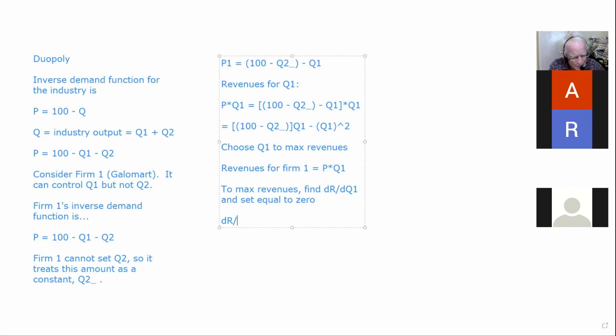So let's see what our derivative of firm 1 revenues, I'll call it R1, with respect to output Q1 is.